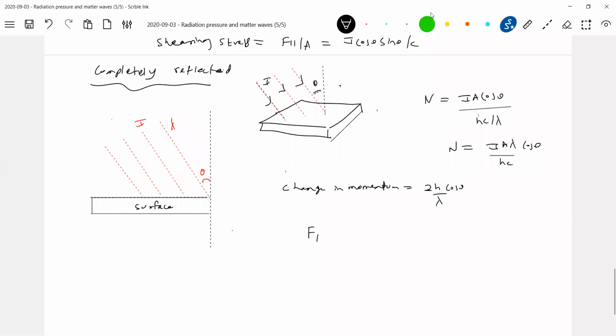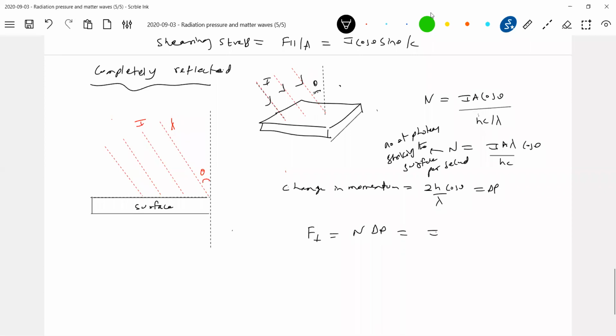So therefore, what is the force? F perpendicular equals N into delta P. N is the number of photons striking the surface per second.